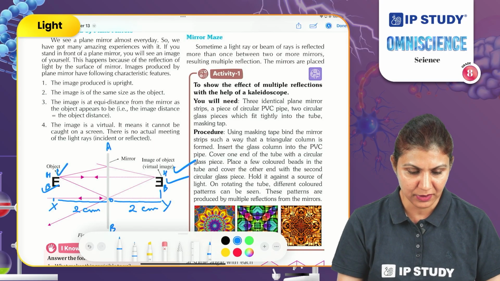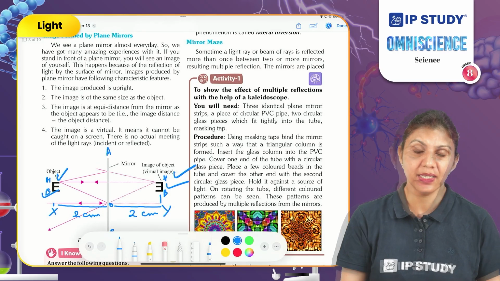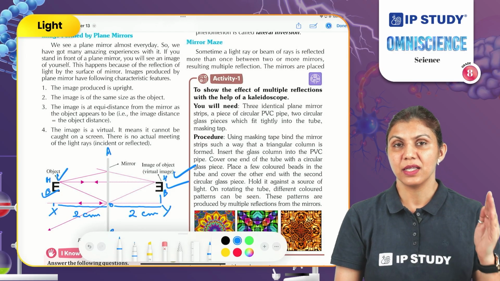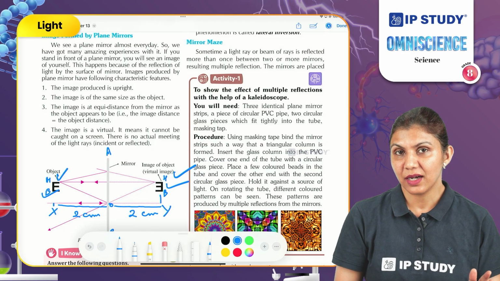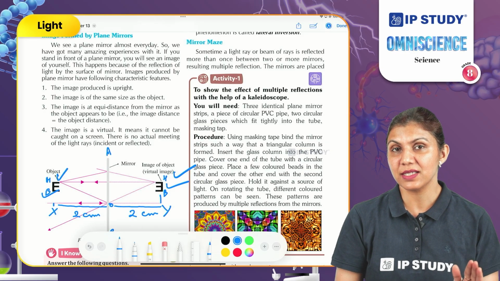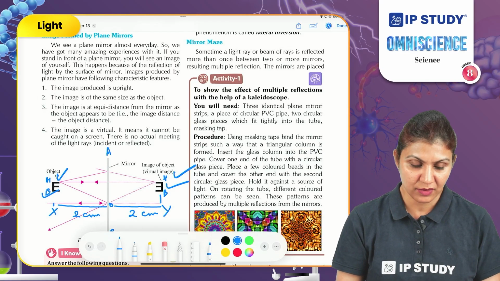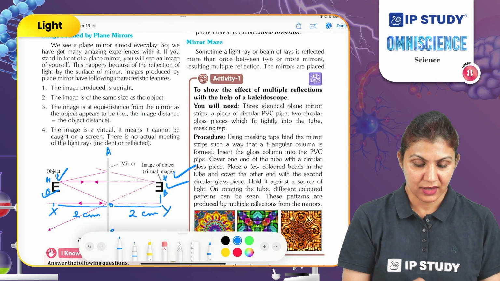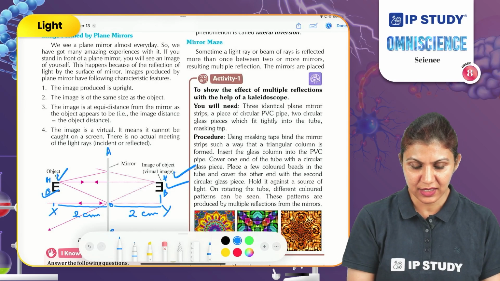No, it doesn't happen. So another characteristic of the image in the plane mirror is that the color of the image is the same as the color of the object. Also the size and shape remain the same. Does the size or shape change in this example?